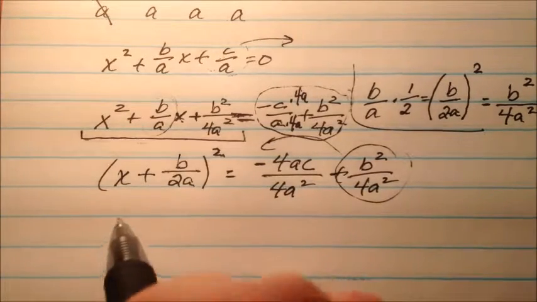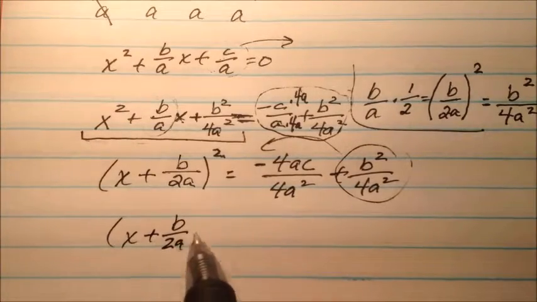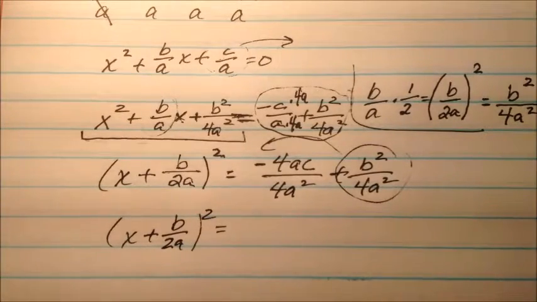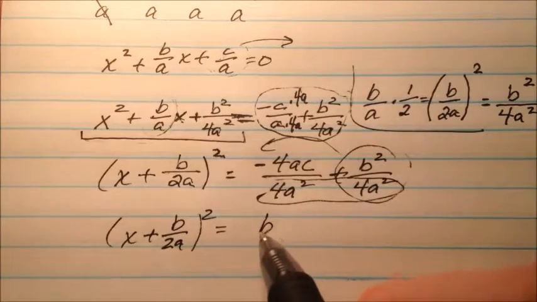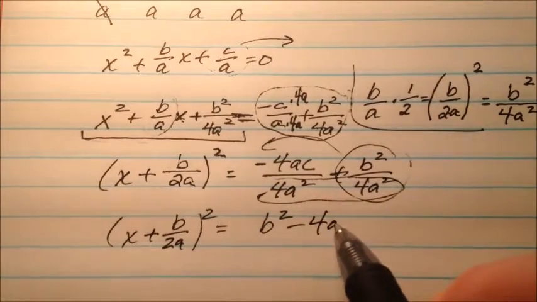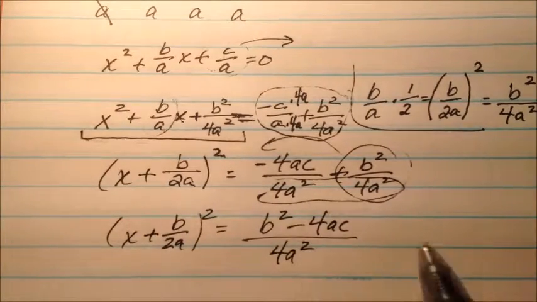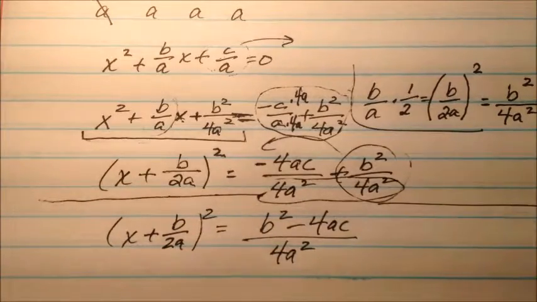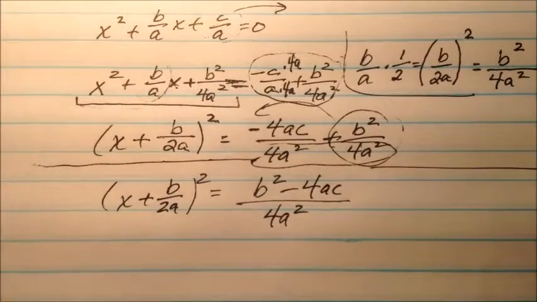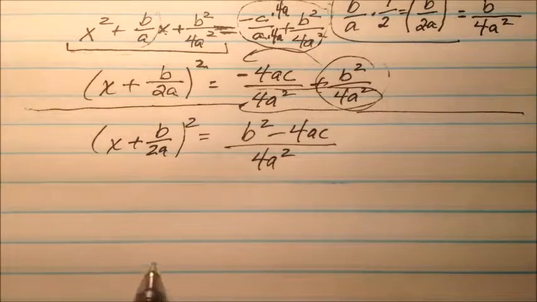So we have x plus b over 2a, that quantity squared. And on the right, I'm also going to put everything over one denominator: b squared minus 4ac all over this 4a squared term. I know all the steps kind of get jumbled. Try to leave a space in between so it's a lot nicer looking.